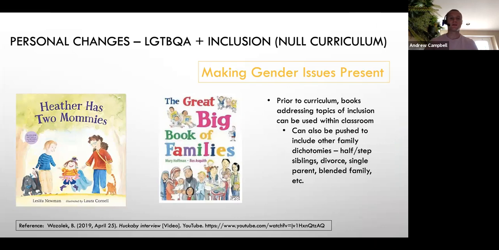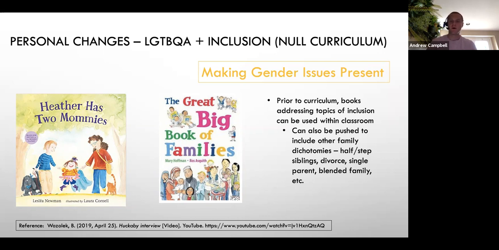So just as a specific example of using inclusion within the null curriculum, we're focusing on including the LGBTQA community. Couple of things we do to make gender issues present. Well, before we're teaching something, we can read or experience different types of family dichotomies.